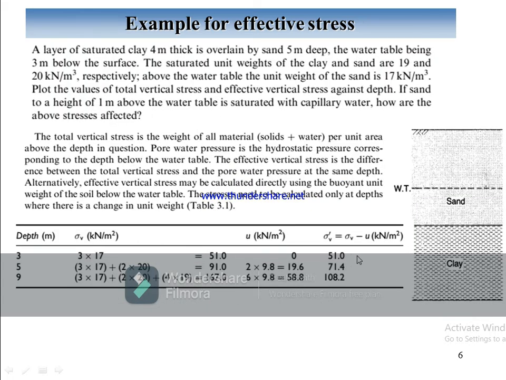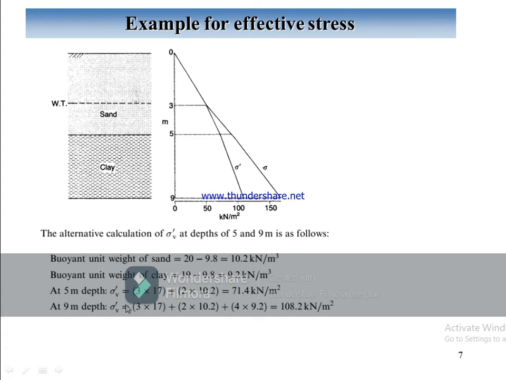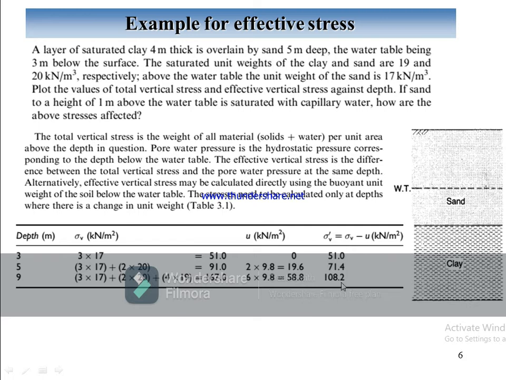Likewise, we find 3 multiplied by 17, 2 multiplied by 10.2, and 4 multiplied by 9.2. Then we get 108.2 kN per meter square.